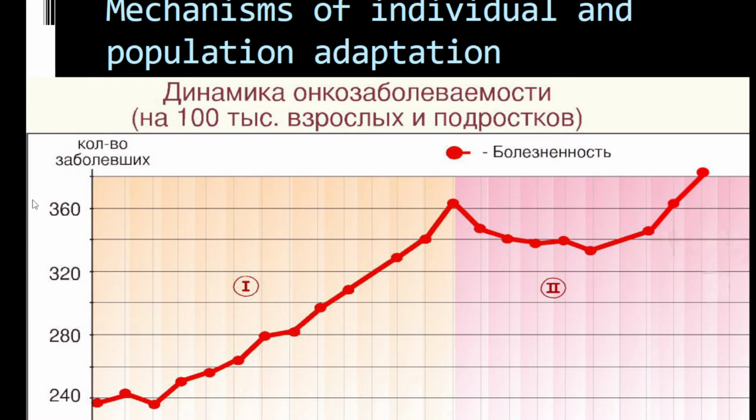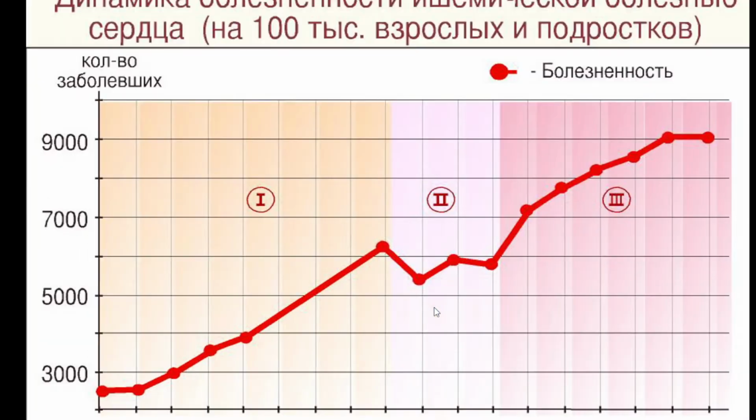And you can see here, for example, changes of morbidity in the Crimea, morbidity by cancer. You can see that during 30 years we have a progressive increase of morbidity.